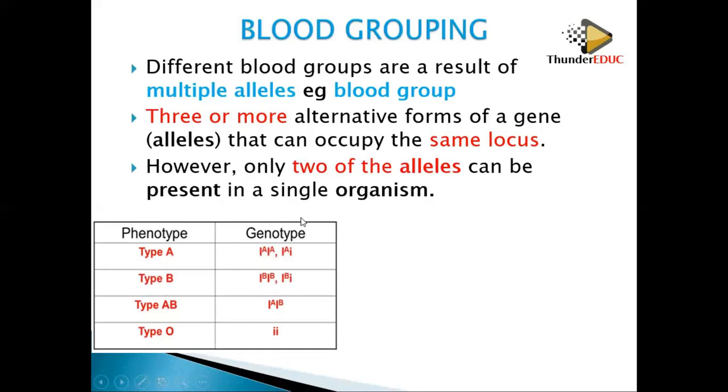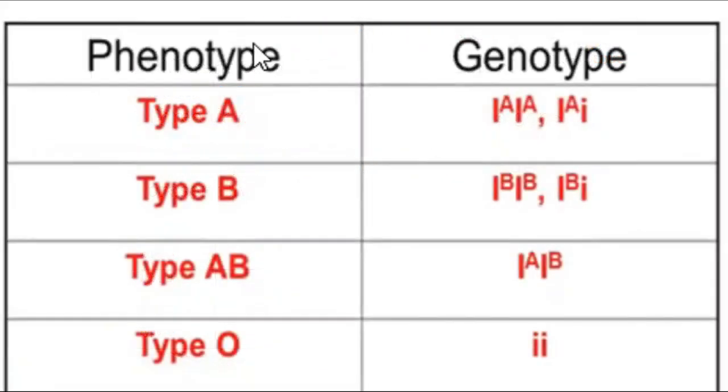For example, if you look at a blood group, you have the phenotype and you have the genotype. The phenotype is sometimes the blood type or the blood group. The blood group is the phenotype, what you see. When I ask you which type of blood group you have, and you say I have blood group A, that is what we can see, because phenotype means what is outside.